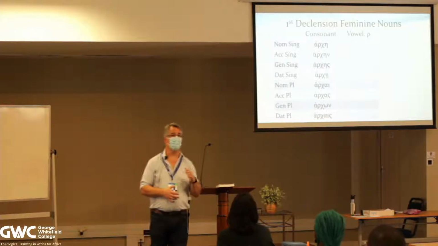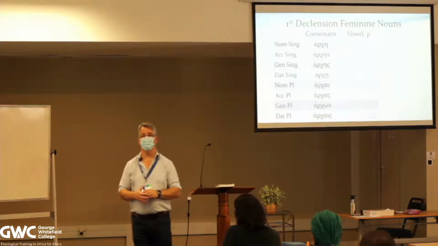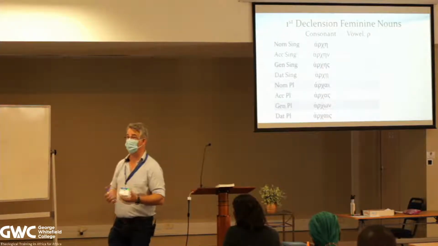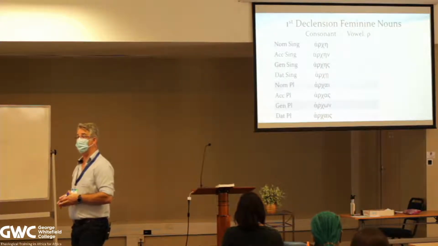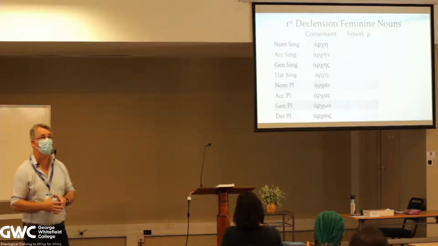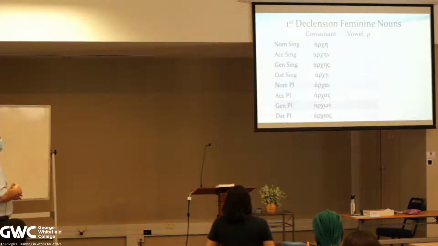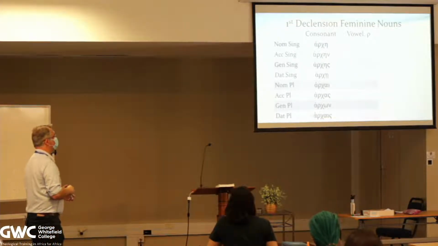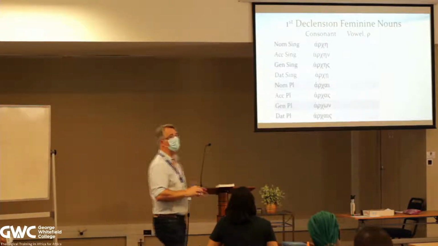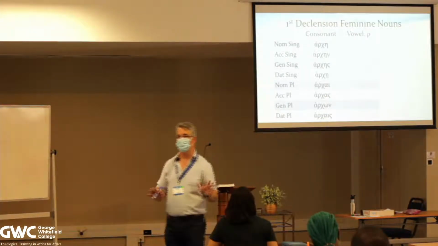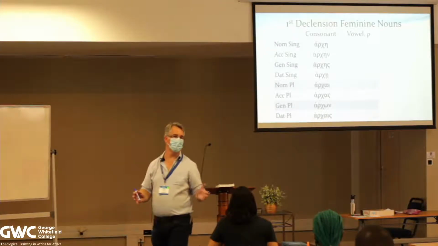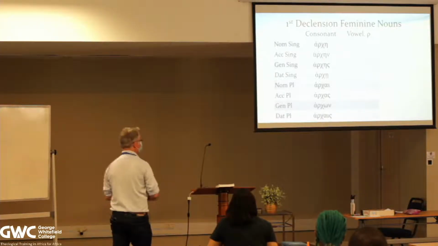So we don't just have one first declension feminine paradigm, we've got another one. They're going to be a little bit different. So stick with me, let's have a look. It's not all bad news.